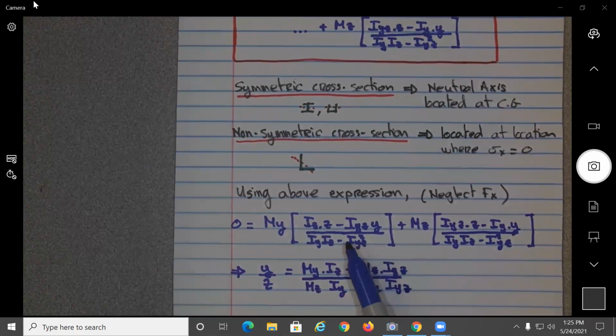So basically you see that the denominator will cancel out once you equate one to the other, and you put y over z.